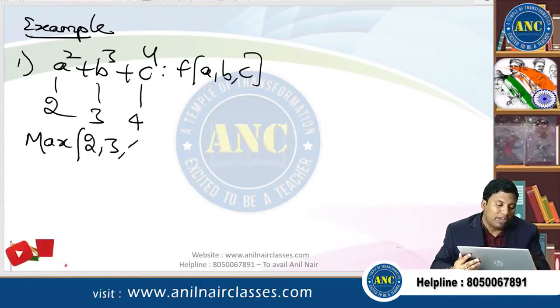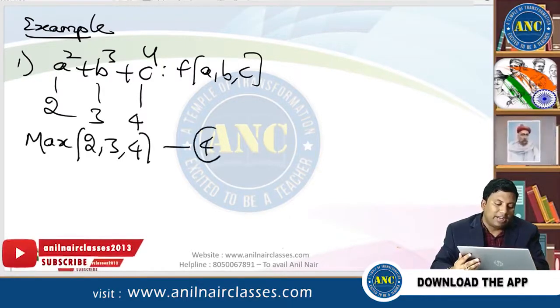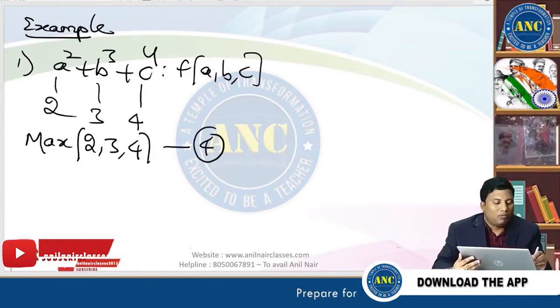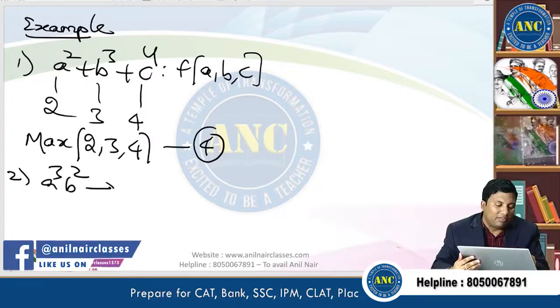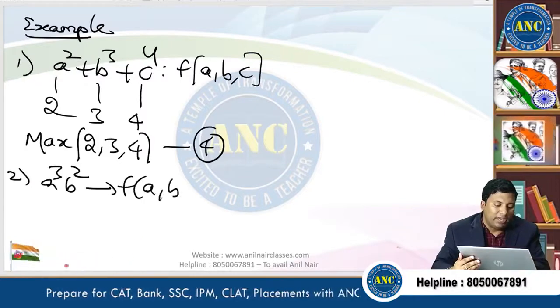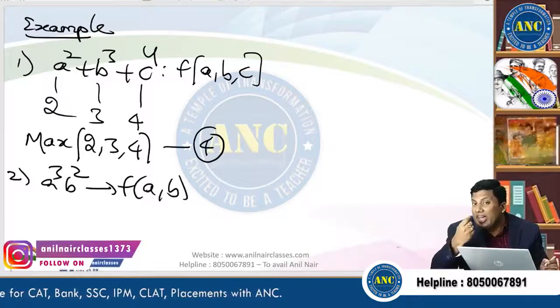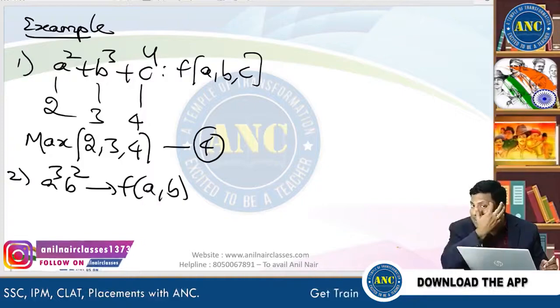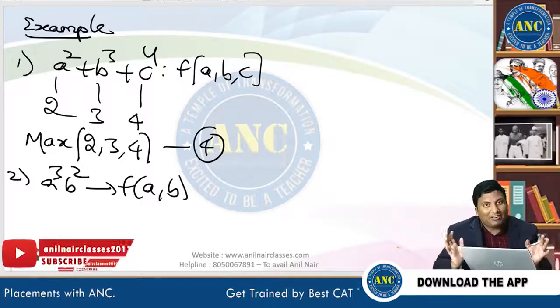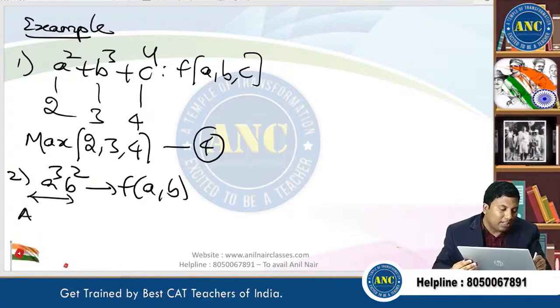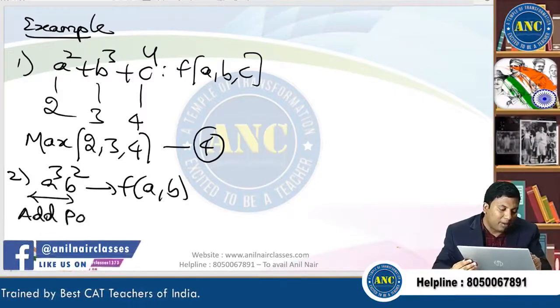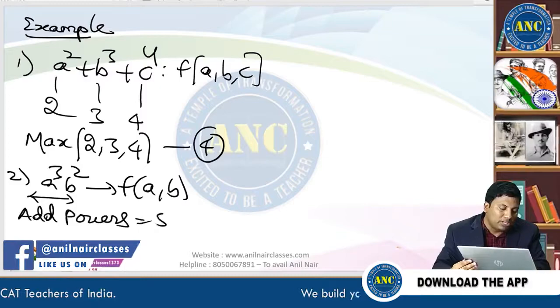Maximum of 2, 3, 4 is nothing but degree 4. Degree 4. What is the degree of a cube b square? A is a different variable, b is a different variable. If different variables are written together as a term, add the powers. If I add the powers, 3 plus 2, which is 5.